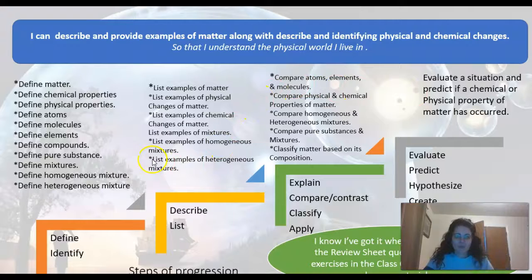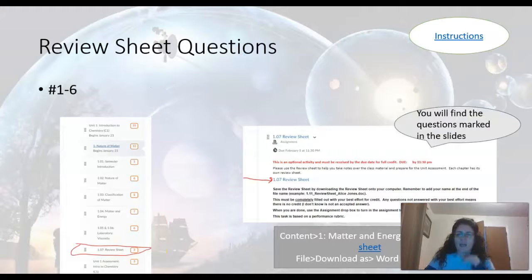Anytime you're stuck, go back to the sheet, start checking off what it is that you know, and then circle what you don't know. Then look for that material in the course lesson material so that you can figure it out and move on. So you can fill in any gaps that you have.